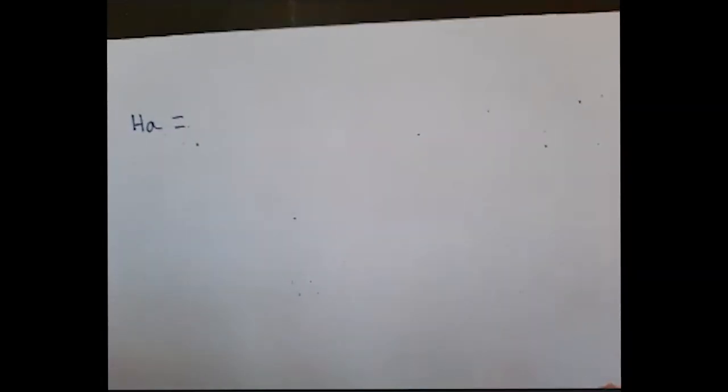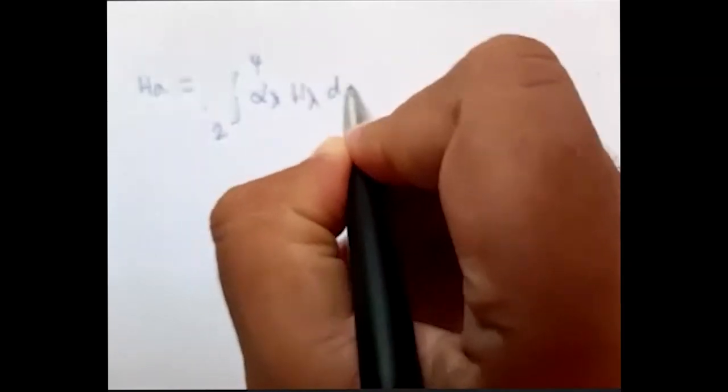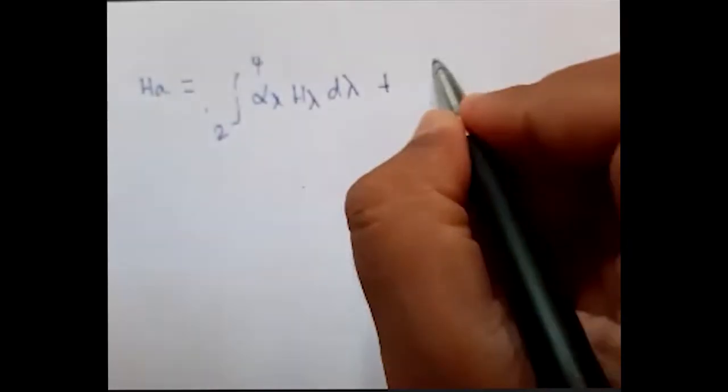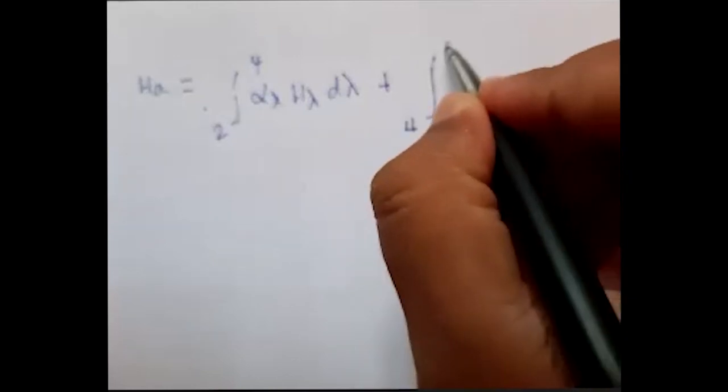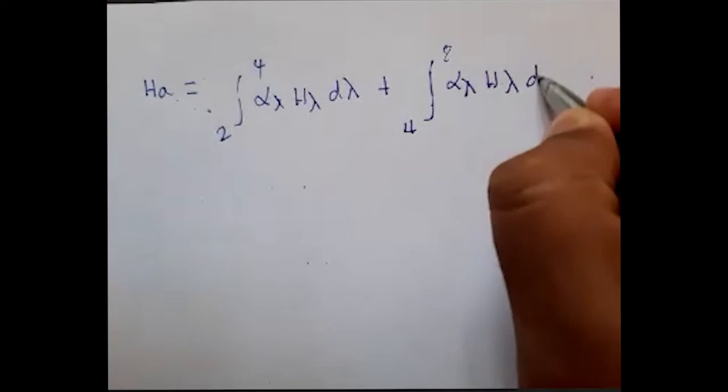So HA is equal to the integral from 2 to 4 of alpha lambda H lambda d lambda, plus the integral from 4 to 8 of alpha lambda H lambda d lambda.